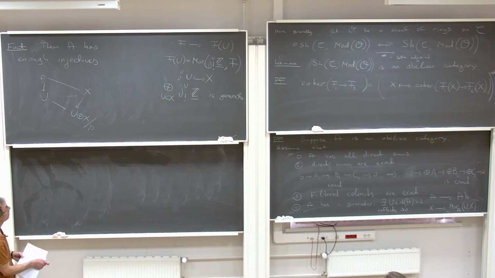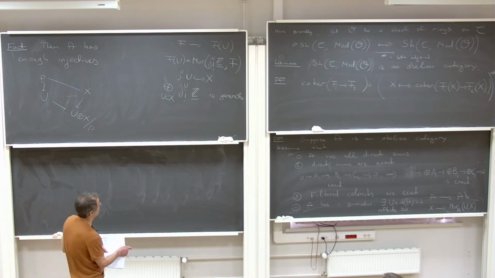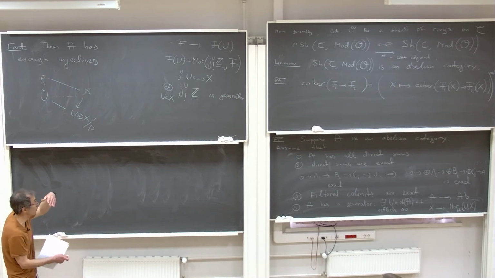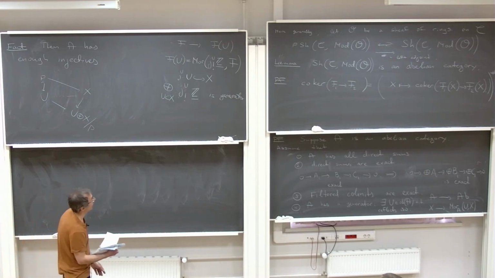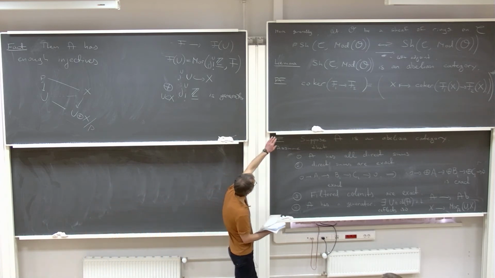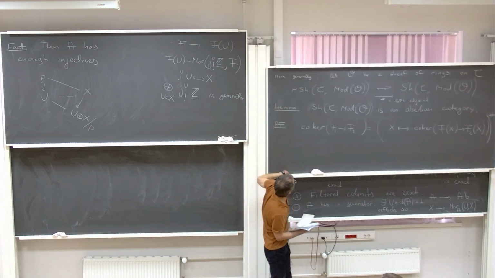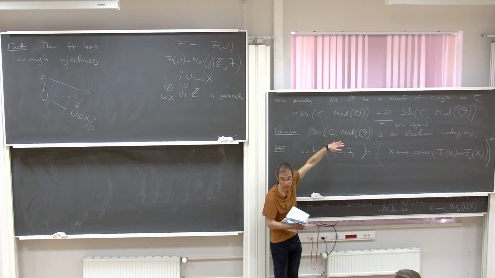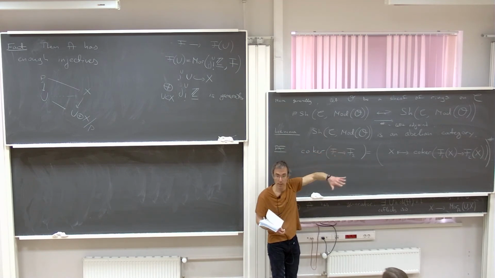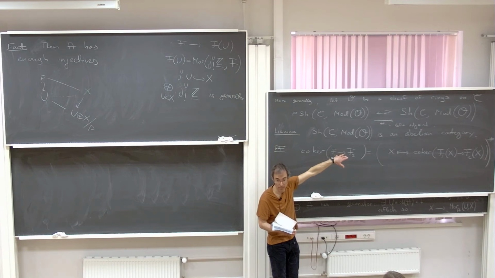In particular, I want to define homology as the derived functor of global sections. If you have any left exact functor from this category to the category of abelian groups, any left exact functor has derived functors.